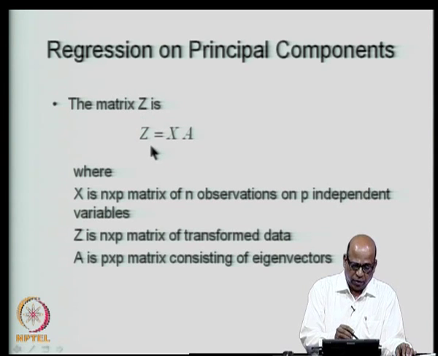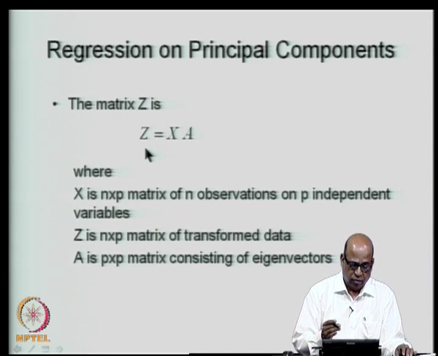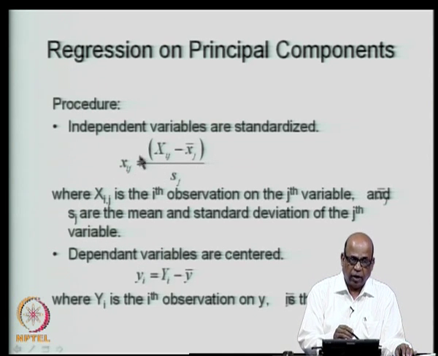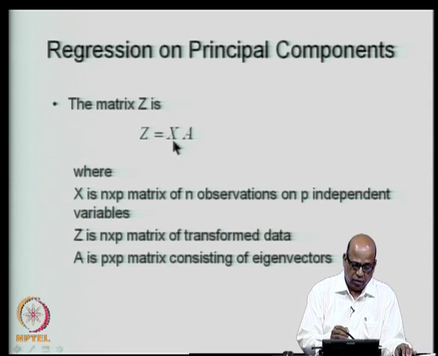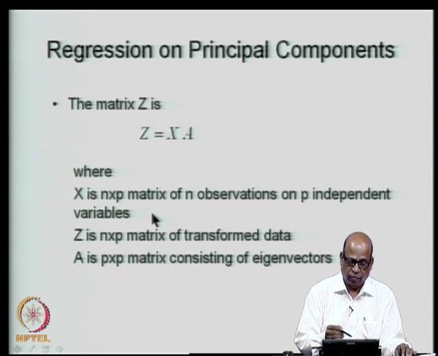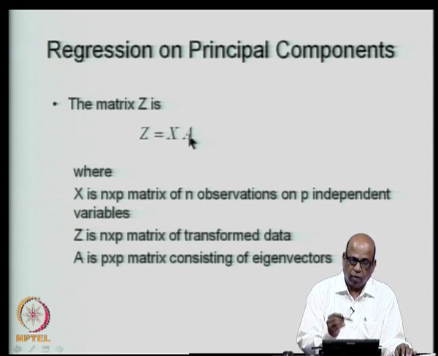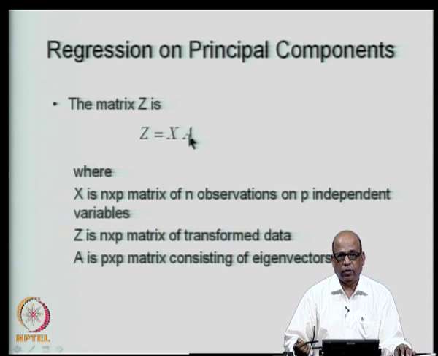Then the transform matrix, remember this defines our x, which is the independent variables, or the transformed independent variables, or the standardized independent variables if you wish, and these are the principal components. So, this is a matrix consisting of the eigenvectors.